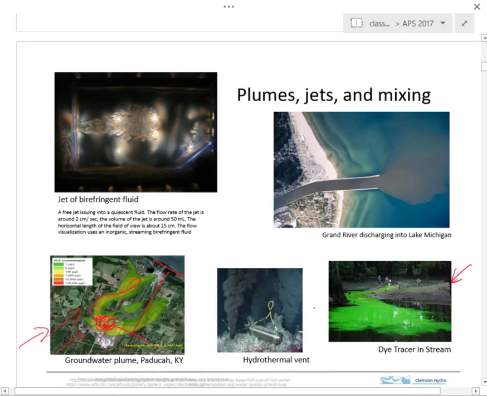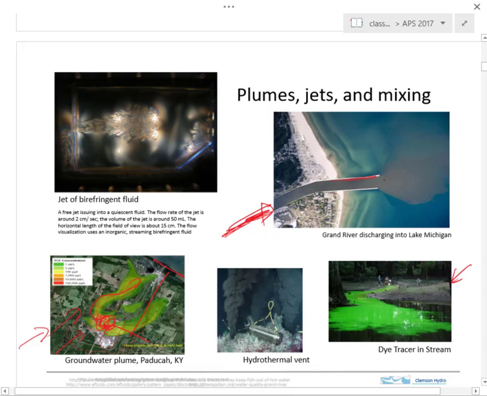And these other examples show more of a situation where fluid is carrying some mass, and it's injected at some velocity into another fluid. So here's the Grand River. It's up in Michigan, and it's flowing along here, and it's got these dikes here that contain it, and then it forms this plume in Lake Michigan.